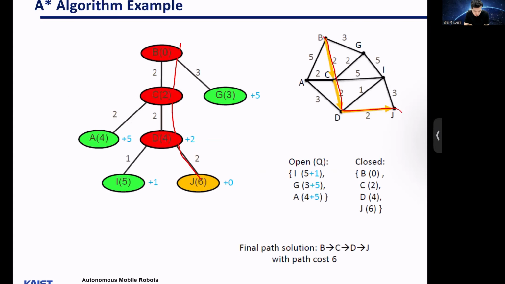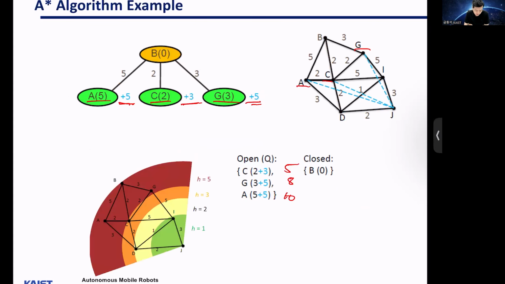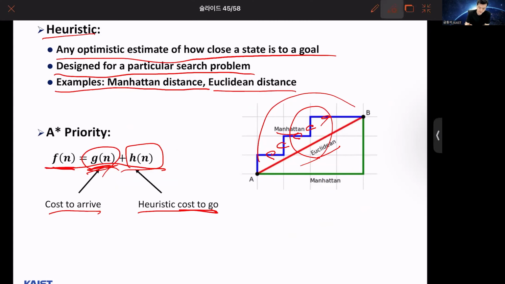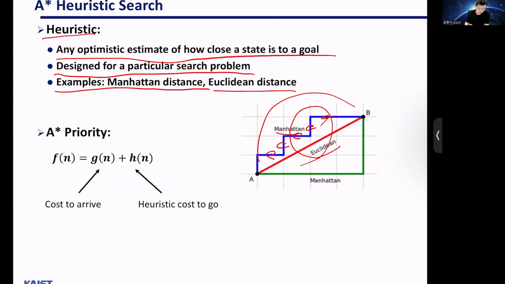Let me go back to this slide. I'm not going to cover optimal control such as dynamic programming, but if you already learned dynamic programming, you probably can see some similarity between Dijkstra, A star, and dynamic programming.